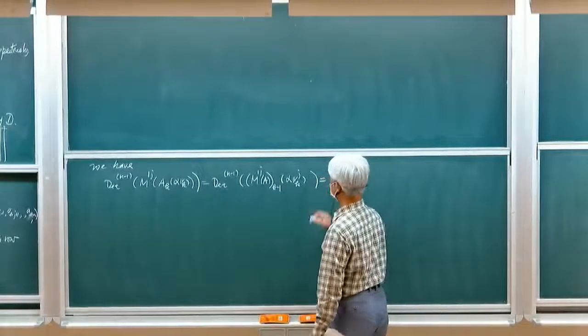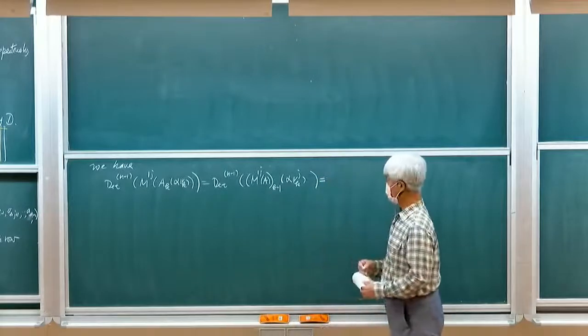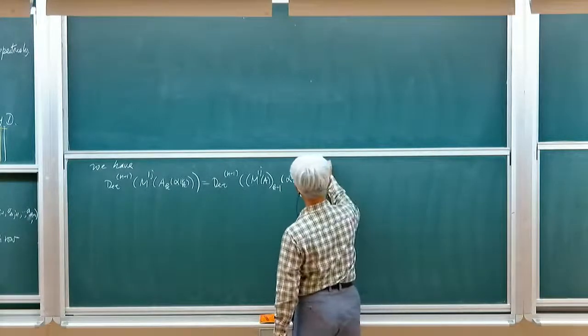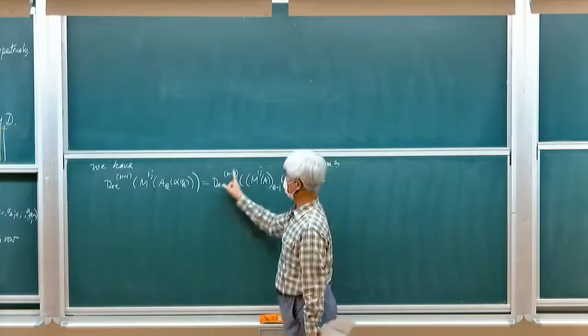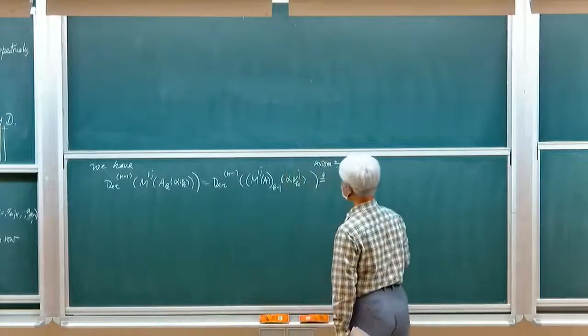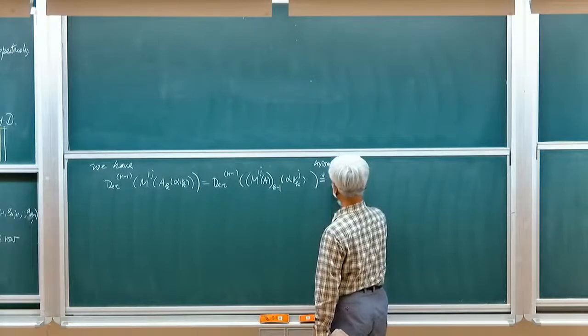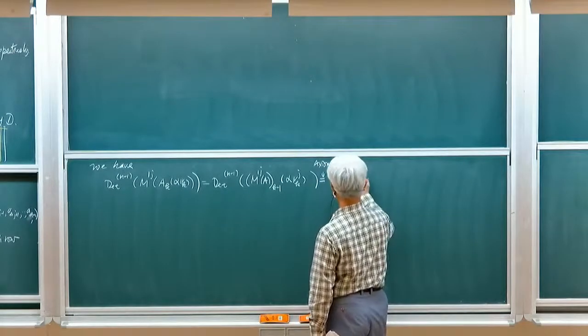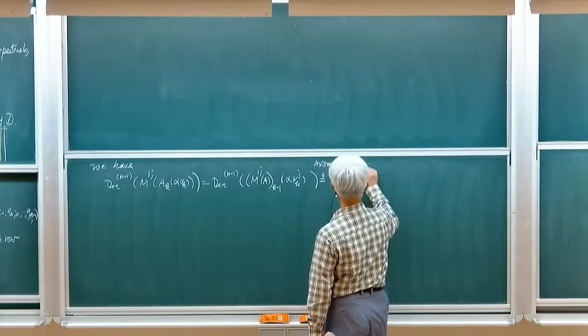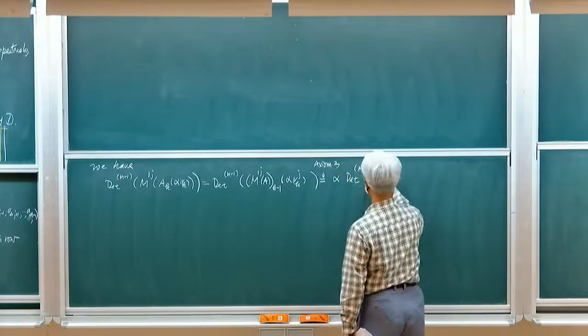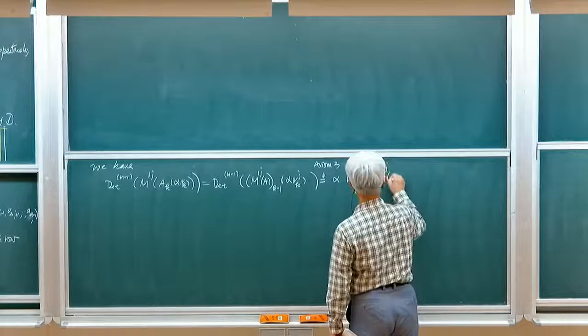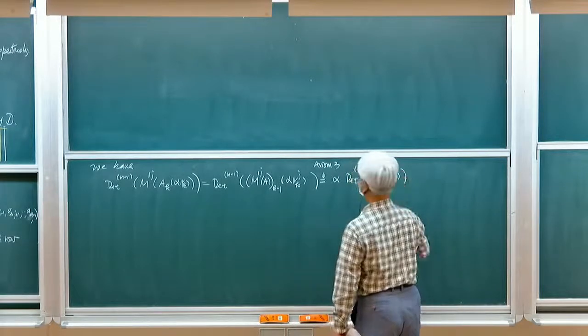But by axiom number 3 of this determinant function, this is equal to alpha times the determinant of A. Okay?